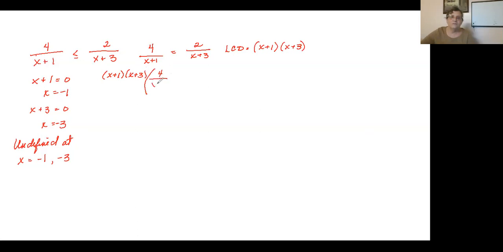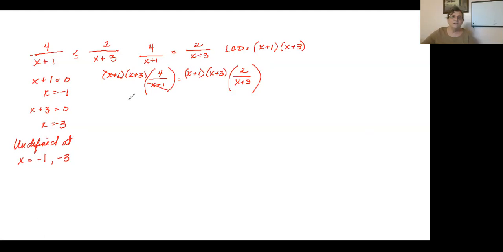So times 4 over x plus 1 equals x plus 1 times x plus 3 times 2 over x plus 3. This is annoying, but it's still a lot better than having to get a common denominator and add these, I promise.